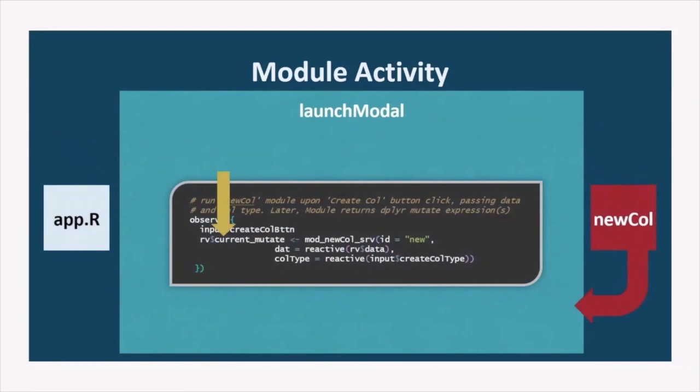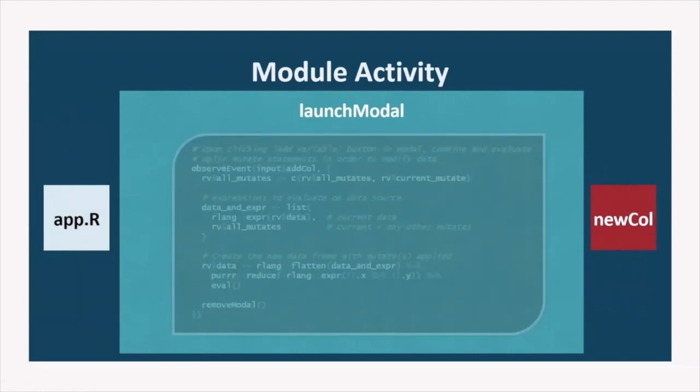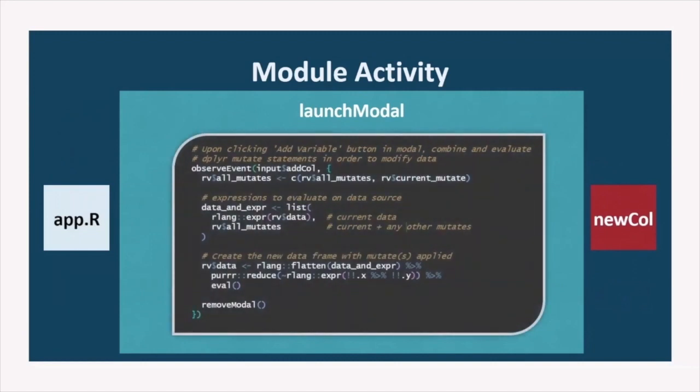Remember, we called that at the top level current mutate, and we put that into a reactive values object. And now we are going to simply use that. So basically, whenever someone clicks the add call button, it's going to combine any current mutates with any other mutates that have existed prior to running this modal.